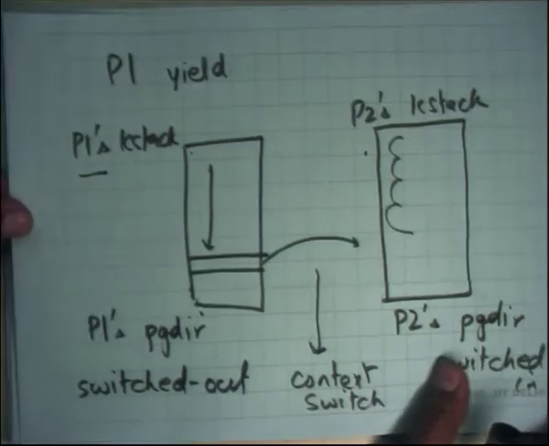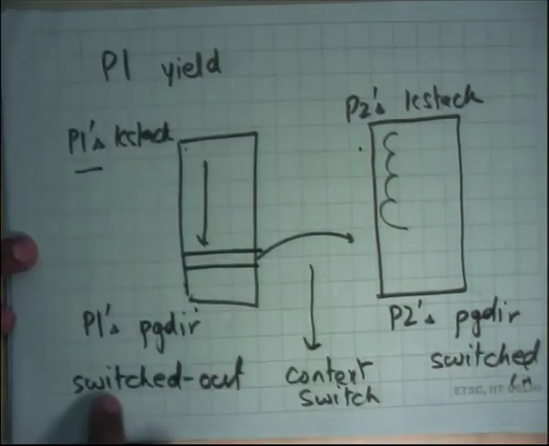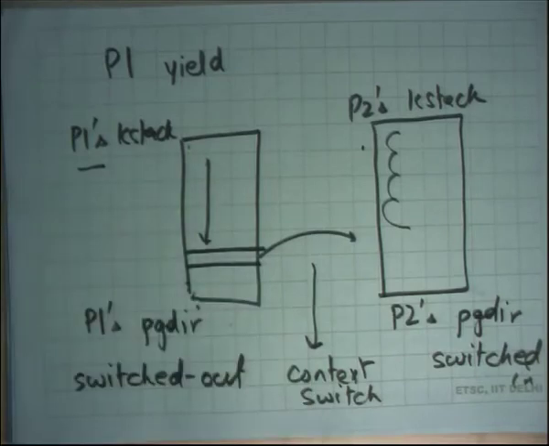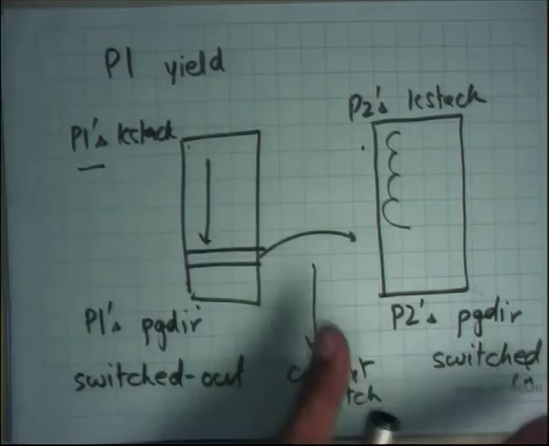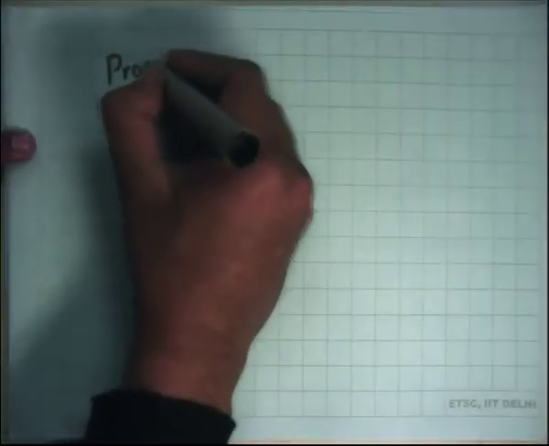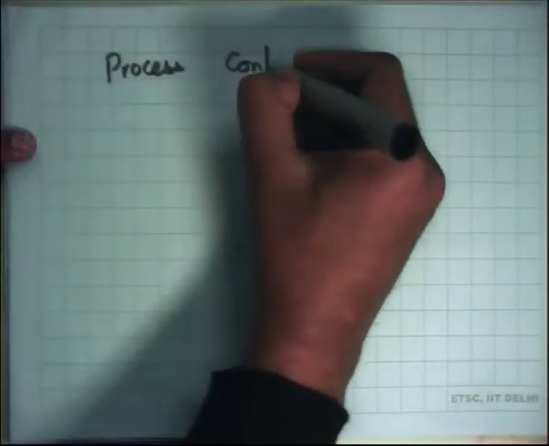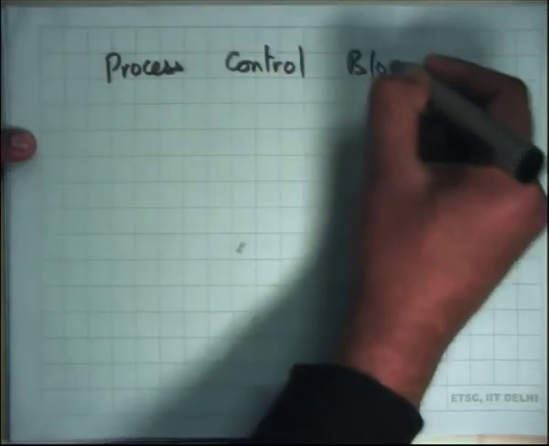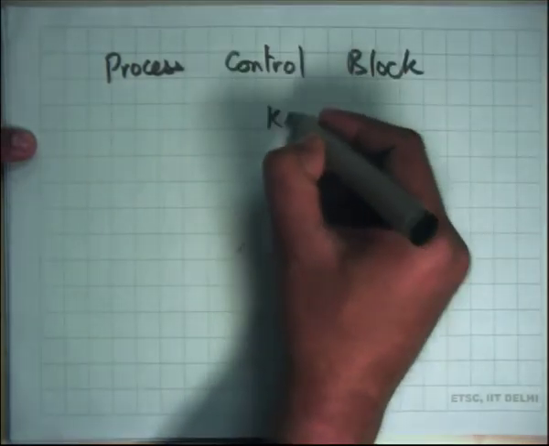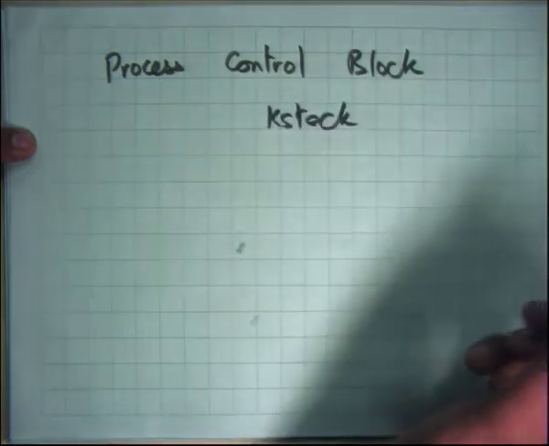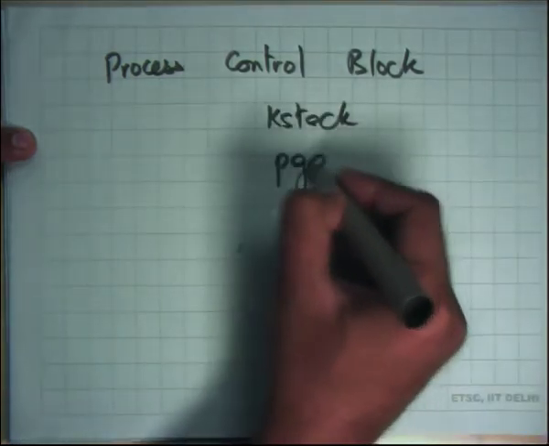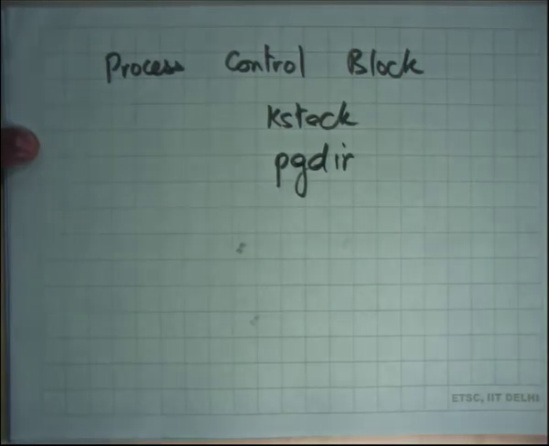So this list which contains all these process states is basically the list of PCBs, right. So typically the process control block will have pointers to its K stack and a pointer to its page directory, right.